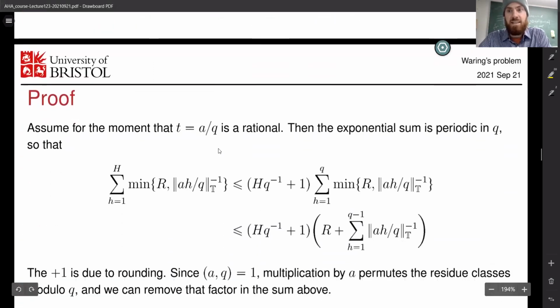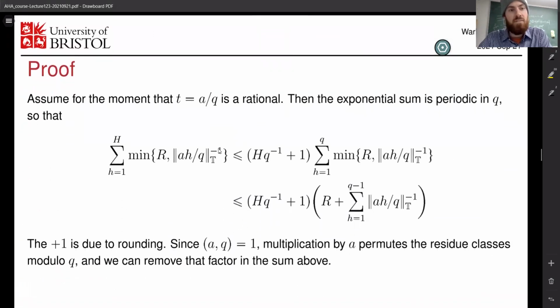So let's see how that happens. It's not at all obvious, but it's really cool that it's there. Very useful. Great. So just for the moment, let's actually fix our t to be that rational and see where this periodicity is coming in. When we do that, I just replace t with a over q here. And I find out that this is actually an honestly periodic thing.